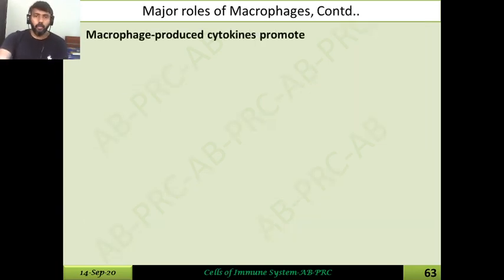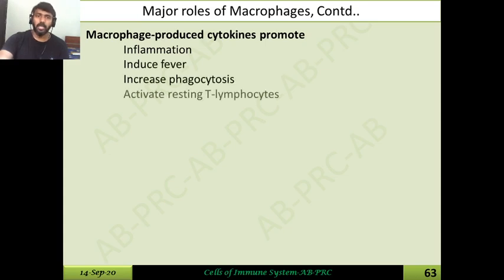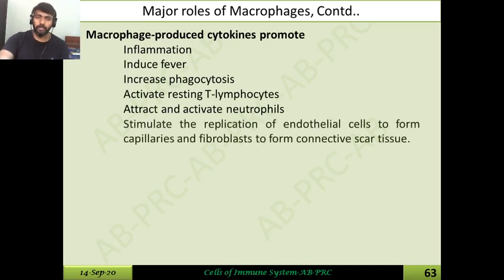Then the functions the cytokines are associated with are inflammation, fever development, phagocytosis, T cell activation, neutrophil attraction and activation, then endothelial cell development, capillary development, etc. These are the important functions these cells are associated with.